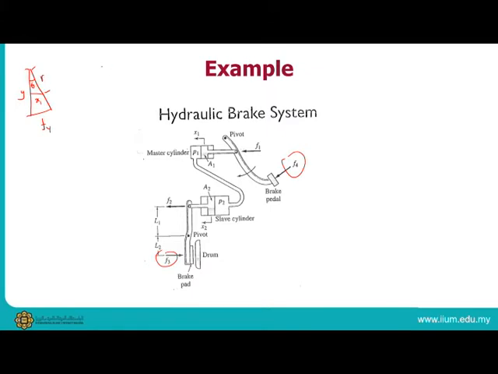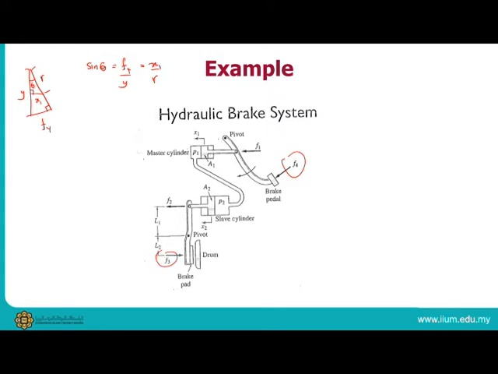From this triangle you can see sine theta should equal F4 over y, because this is a 90-degree angle here and also a 90-degree angle here. So if you find sine theta, F4 over y should also be equal to x1 over r.